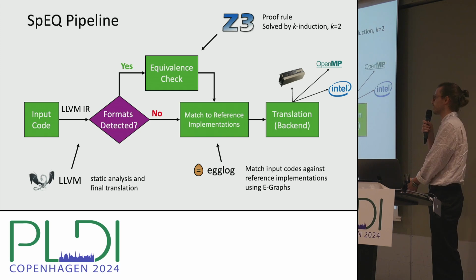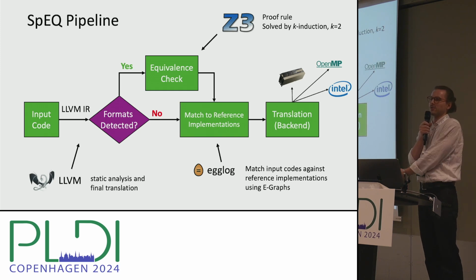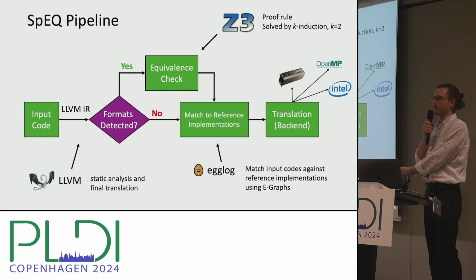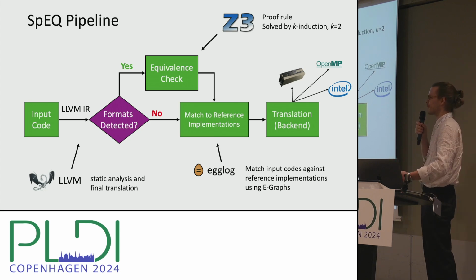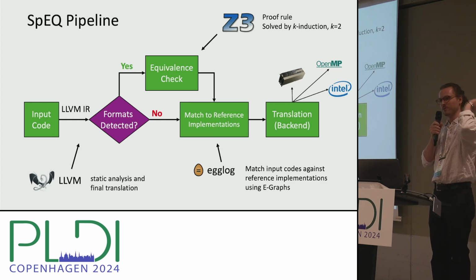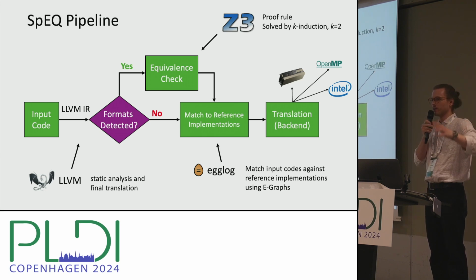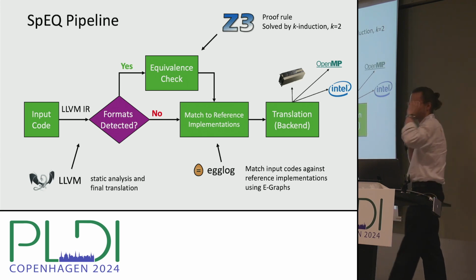And you want to match that to a reference implementation, and you don't want to write a reference implementation for every possible combination of MV with CSR, MV with COO, MV with CSC, MV with ELL, MV with DIA. So instead, what you want is to decouple MV from CSR and match them separately. That's what this branch is for.